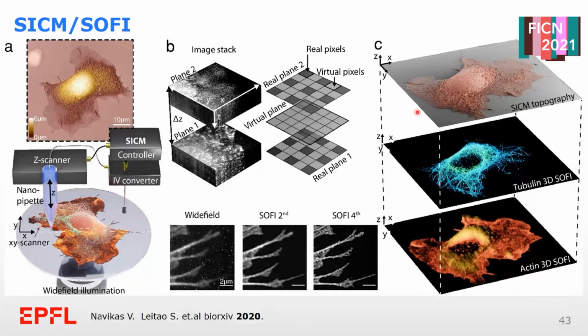As a proof of principle system, we used COS7 cells, which we labeled with tubulin, looked at in 3D SOFI, and we also labeled actin in this system in order to get two color images.